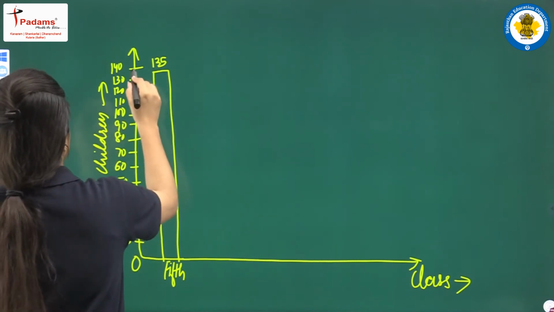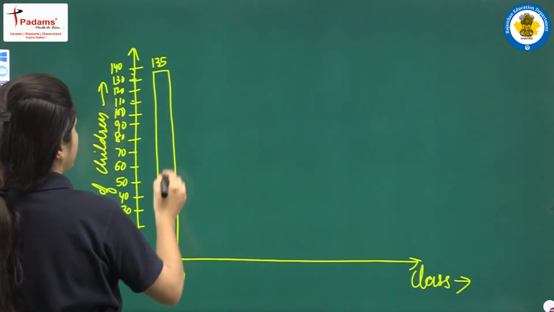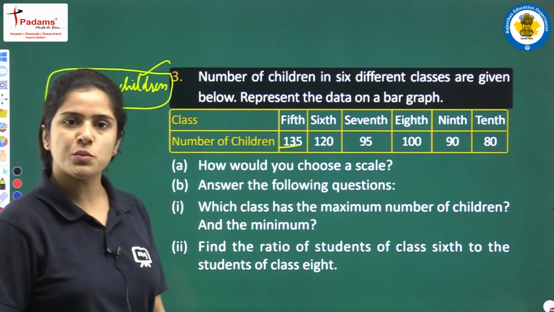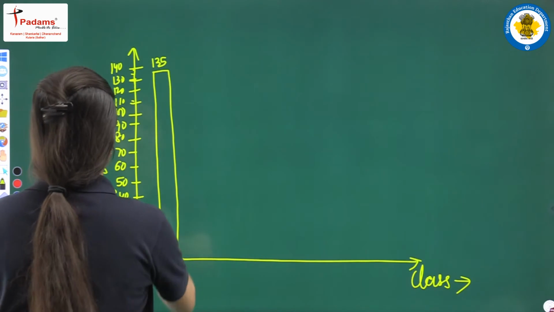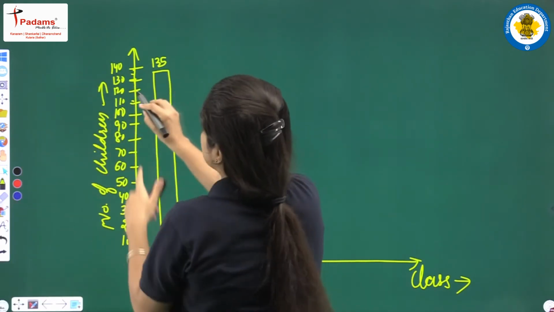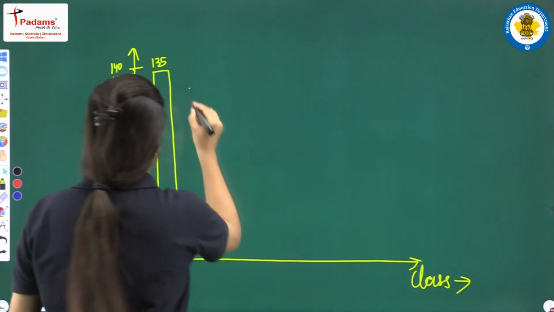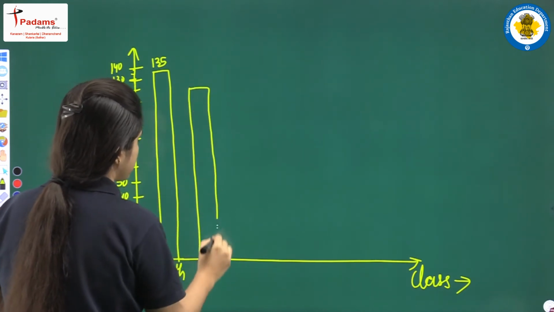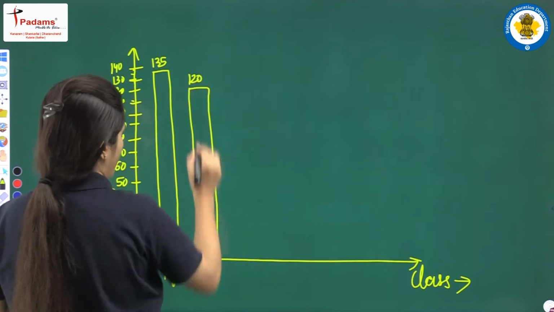Now students, next class, 6th class, 120 children. So 120 children is like this. This belongs to class 6.